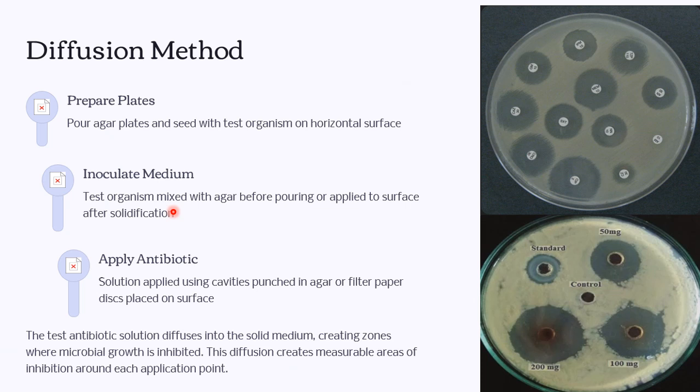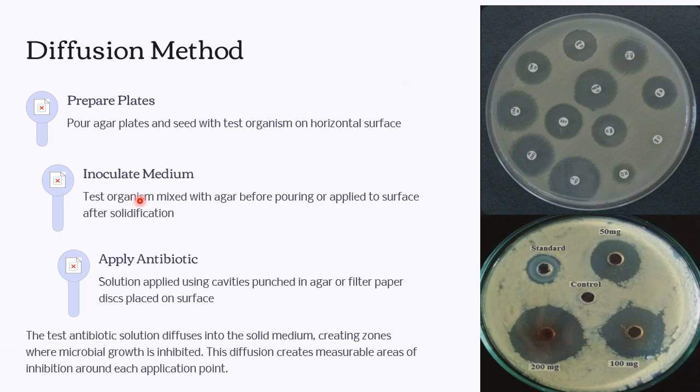So the first step is preparation of agar plates. The second step is inoculation of the medium with the test organism. Then the plates are kept at 37 degrees Celsius for 30 minutes for solidification of the agar medium.